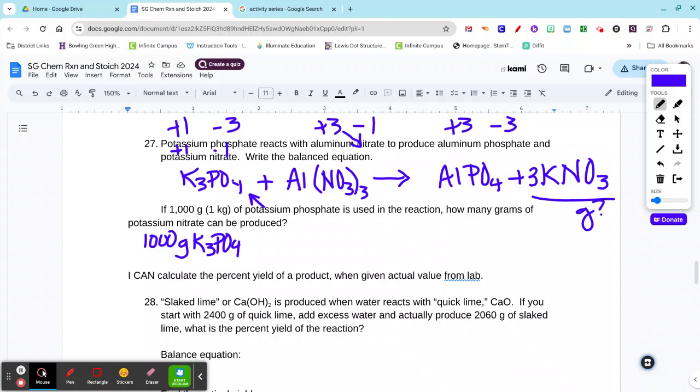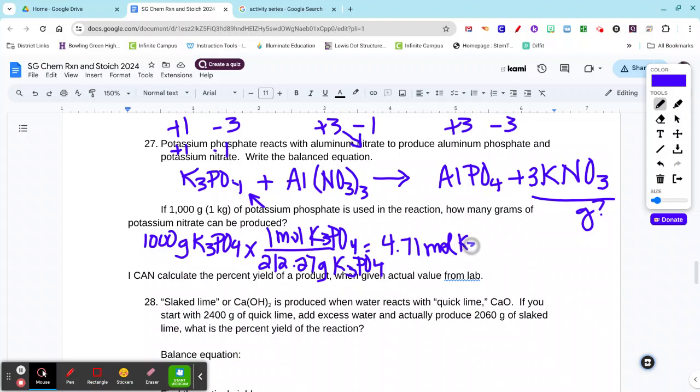So that's what I'm going to. So my first step, divide by my molar mass. And I've already done my molar mass here. So this is 212.27 grams of K3PO4 for every 1 mole of K3PO4. And that gives me 4.71 moles of K3PO4. Okay, so my next step, I'm going to use my equation.